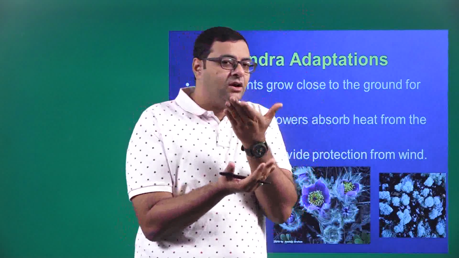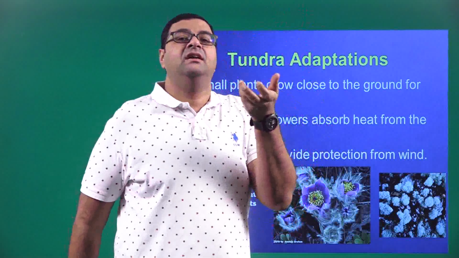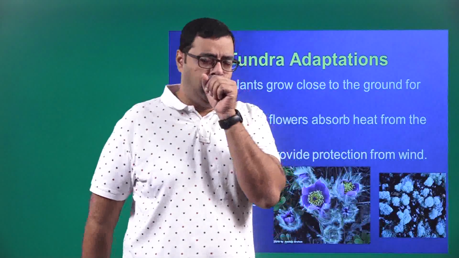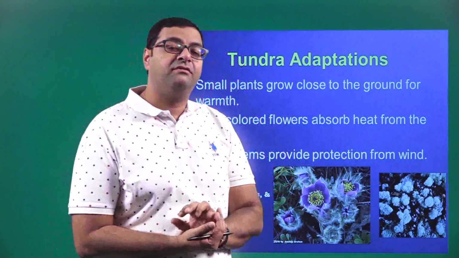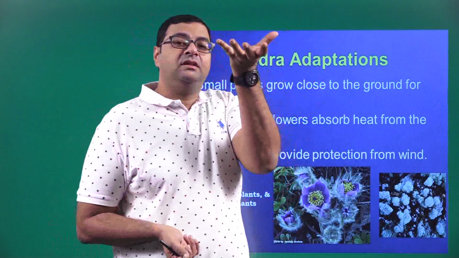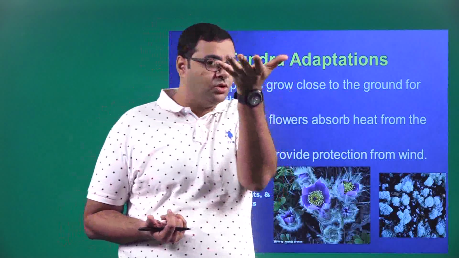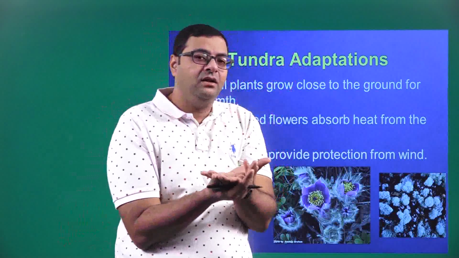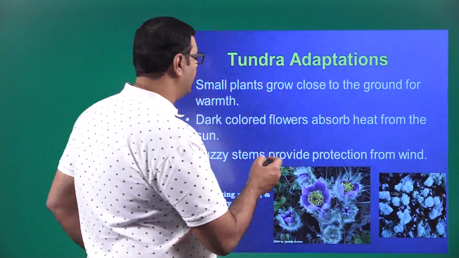They stay close because in the tundra there is a lot of temperature loss. When there is a lot of temperature loss, the plants in those cold conditions will not be able to survive if they are tall. So they reduce their height and survive close to the ground, to get the warmth.